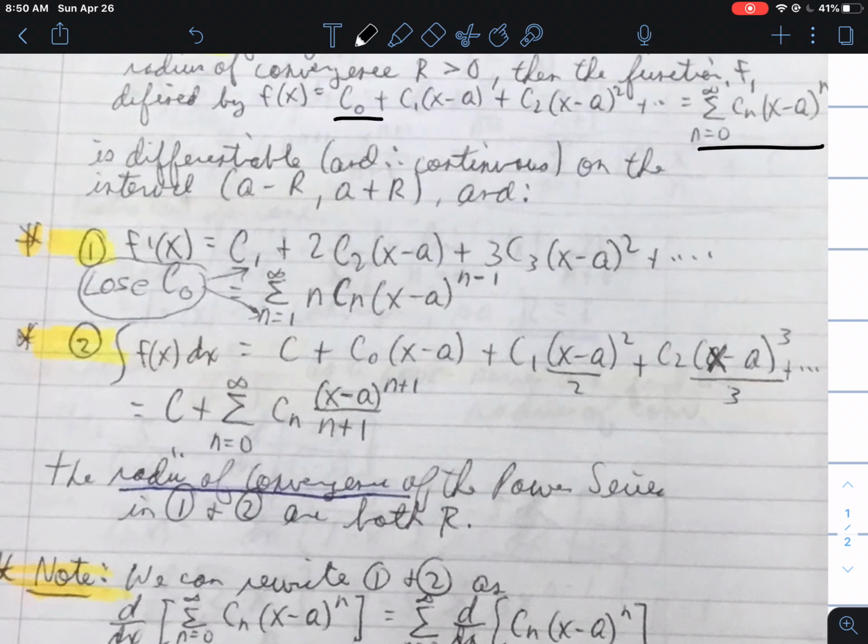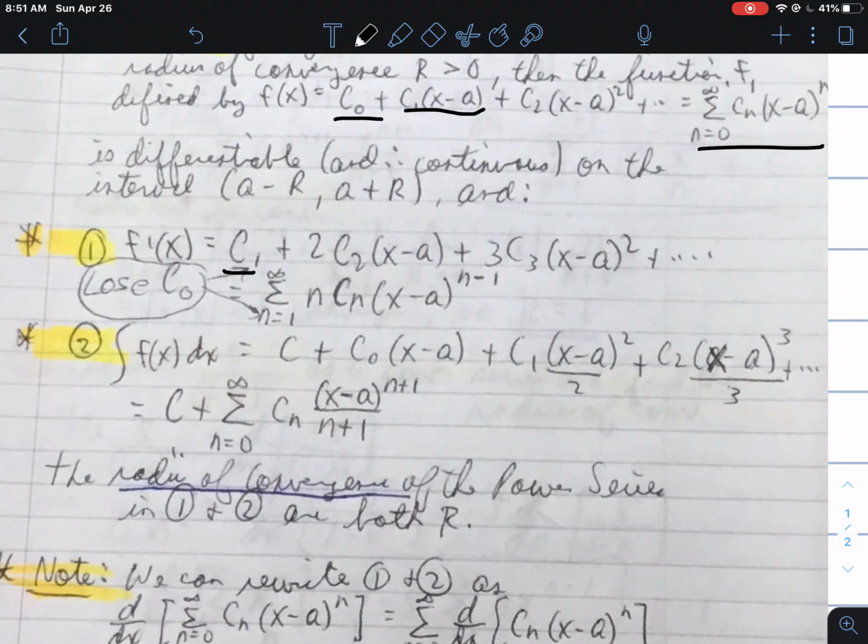So the derivative of c sub 0 is 0. What's the derivative of c sub 1 x minus a? Again, we can just use basic power rule. It's x minus a to the first. Power rule, chain rule, if you wish. So it's 1 times c sub 1 times x minus a to the 0, which x minus a to the 0 is 1. So I'm left with just c sub 1.